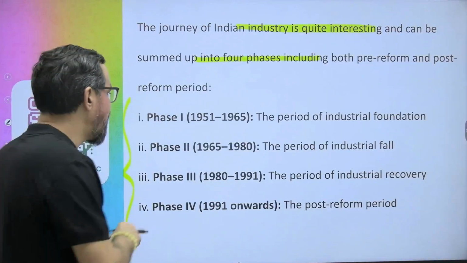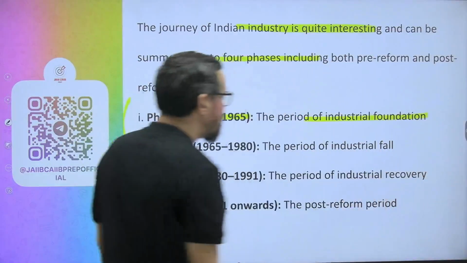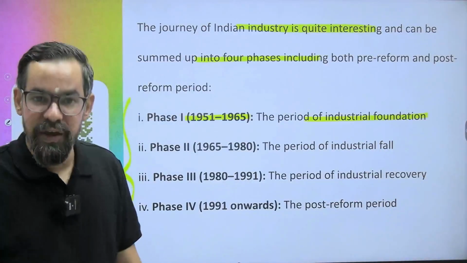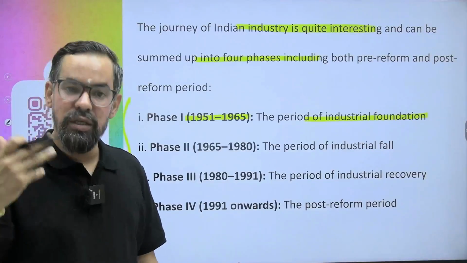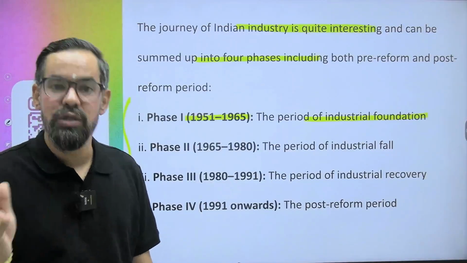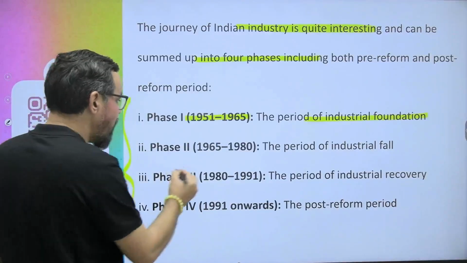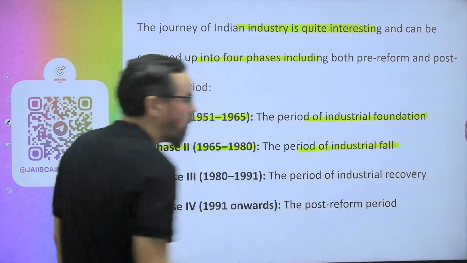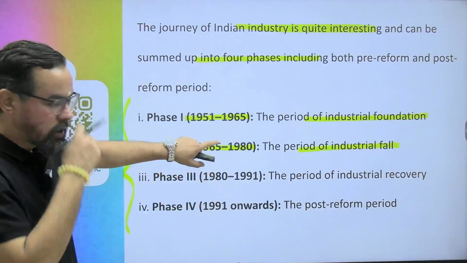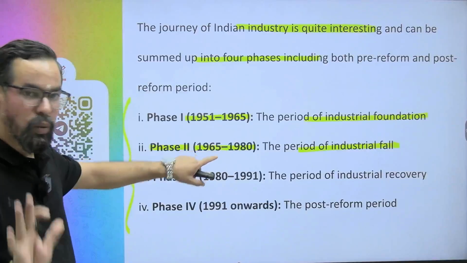So these are: phase 1, 1951 to 56, industrial foundation, where during the first 5-year plan or second 5-year plan, we start working around industrial establishment like Bokaro steel plants, Durgapur steel plants, or these kinds of things. Then we have phase 2, 1965 to 1980, period of industrial fall. During this period, the growth rate was minimal.